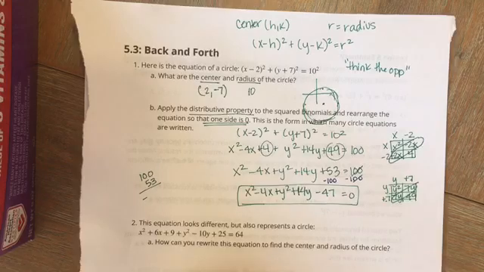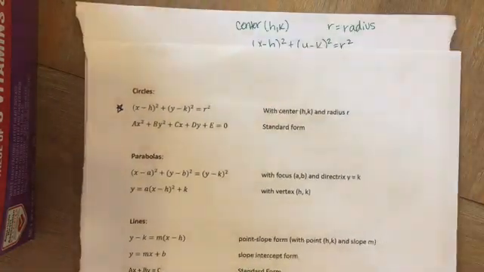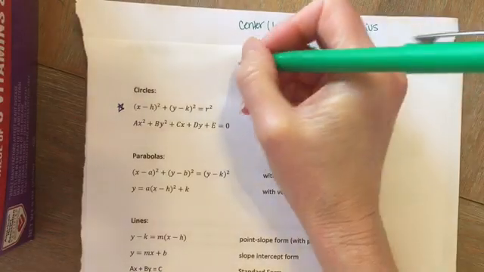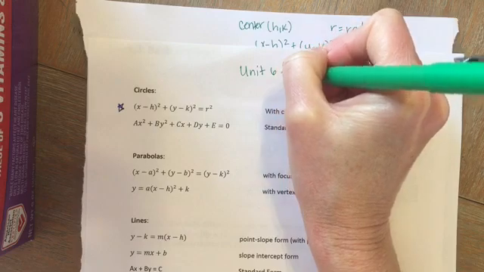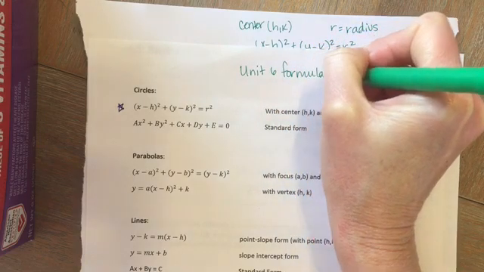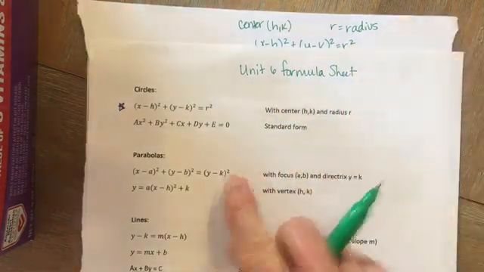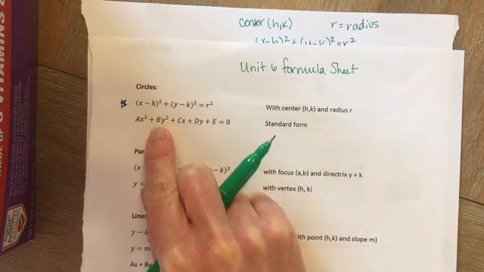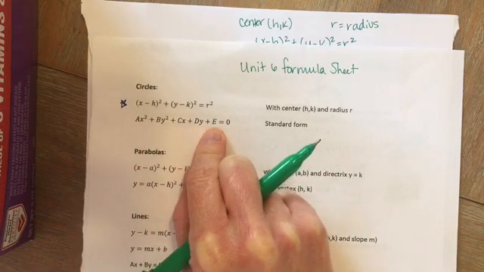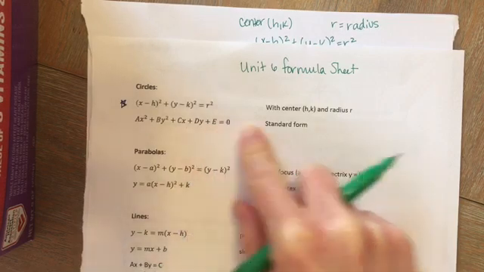In your locker, if you've printed out our formula sheet for Unit 6, this is the Unit 6 formula sheet. This would be handy to have. This is that form. It's an x squared term, a y squared term, an x term, a y term, and a constant term, all equal to 0.